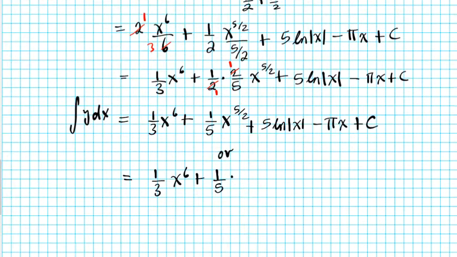This becomes the square root of x to the 5th power plus 5 ln absolute value of x minus pi x plus c. Okay, so those are two ways of writing it, either as a radical or rational exponent.